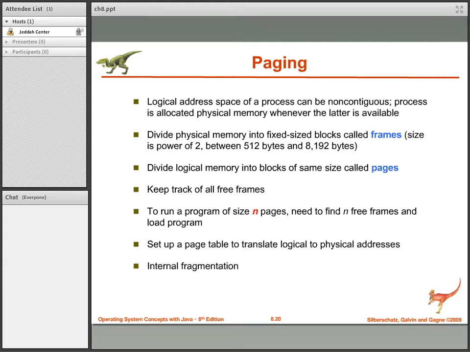On the other side, it is the side of the main memory, and we call them frames. And we have a mechanism to keep track of all the free frames.